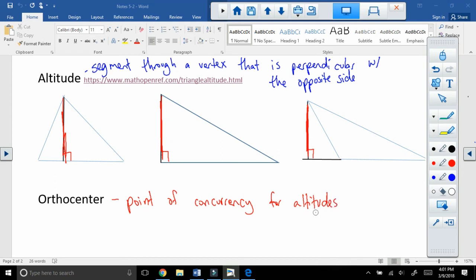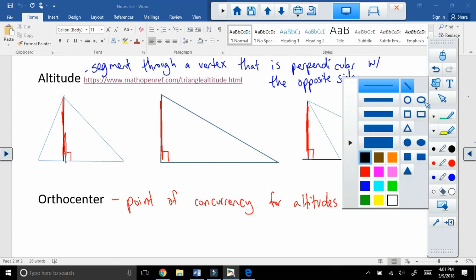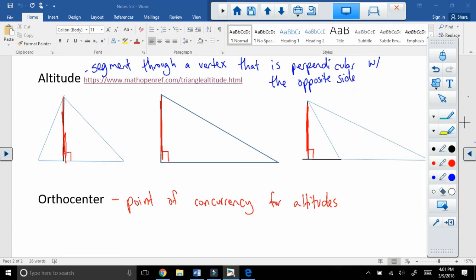There is some stuff that is special, but that's beyond the scope and sequence of what we're doing in this class. So if you just know that the altitudes all meet up at the orthocenter, that would be good enough. So I'm going to go back up to these pictures and draw in the other altitudes so you can get an approximation of the placement of that orthocenter.